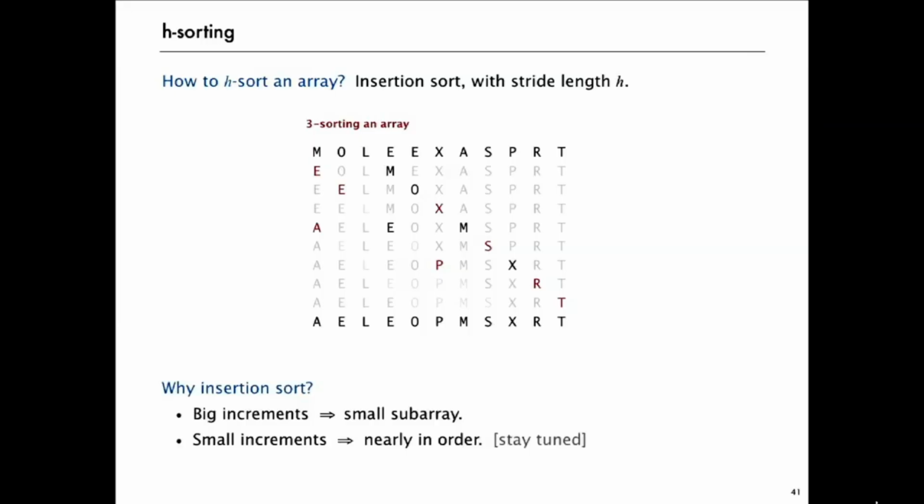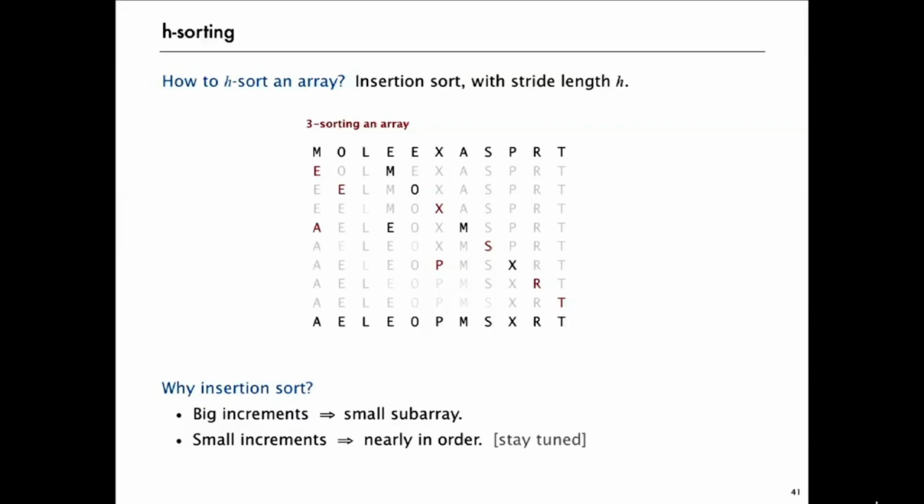And the idea is we're going to use insertion sort for 2 reasons, based on our understanding of how insertion sort works. Well, the first thing is if the increments are big, then the size of the subarrays that we're sorting are pretty small, so any sorting method, including insertion sort, is going to work well.